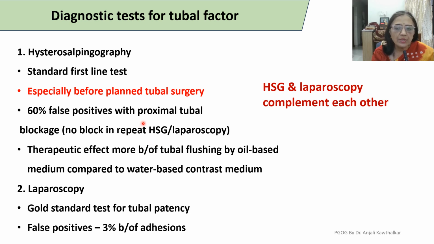Why there is false positivity here is that we do this procedure, hysterosalpingography, without anesthesia. There can be pain and uterine muscle spasm can occur whenever we are instilling the dye, and that uterine muscle spasm can lead to a false positive test of a cornual block on hysterosalpingography.